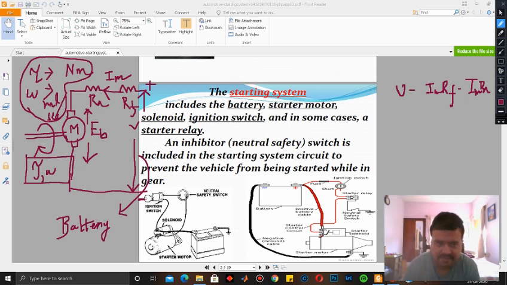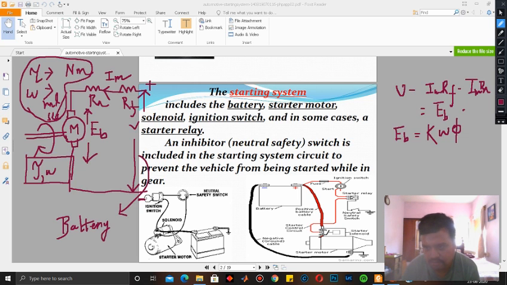EB, as I have already derived in my last lecture, is equal to a constant into omega into phi, right? And what about the torque? We will come to the torque later.